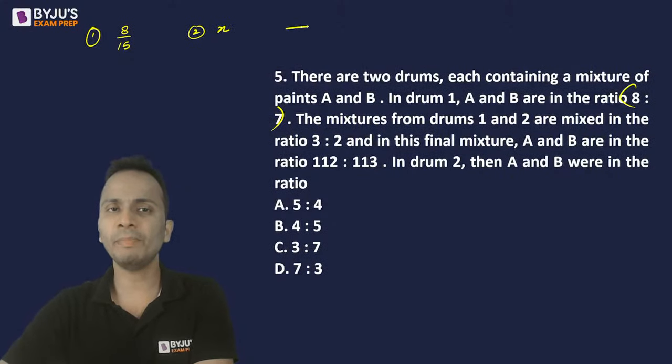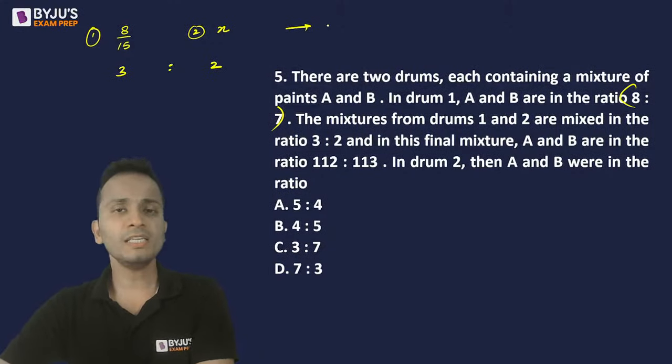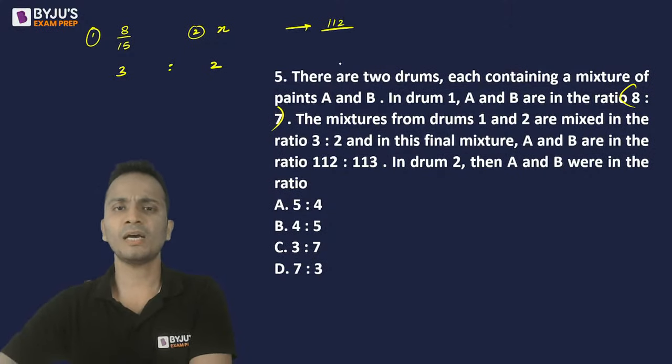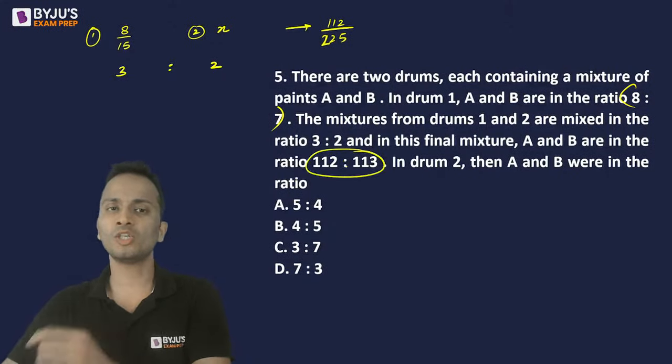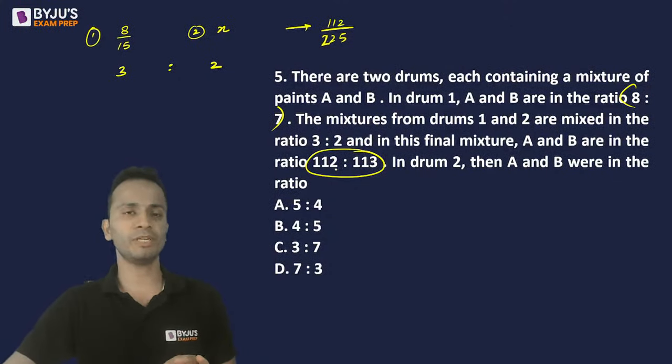Now after I mix these two in the ratio 3 is to 2, finally the fraction of A becomes 112 divided by 225. So 112 divided by 225 will be the fraction of A in the resultant mixture.